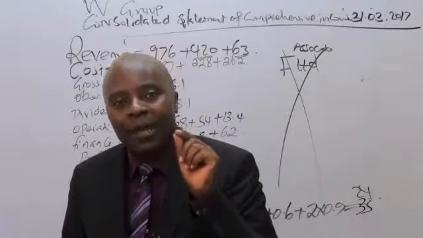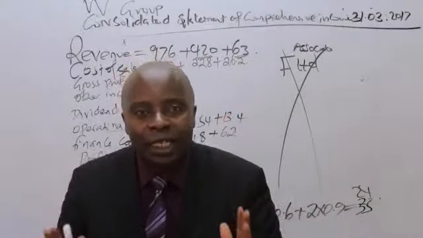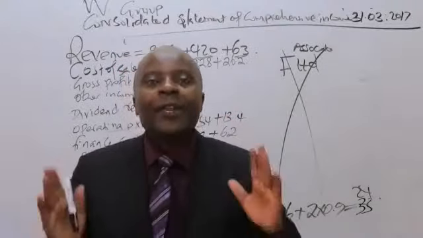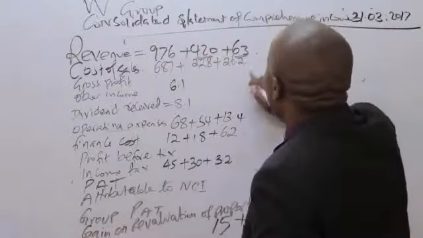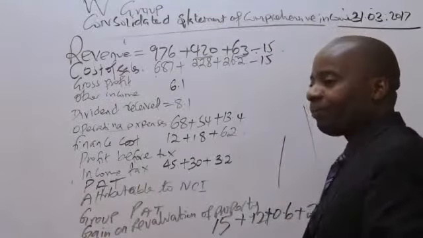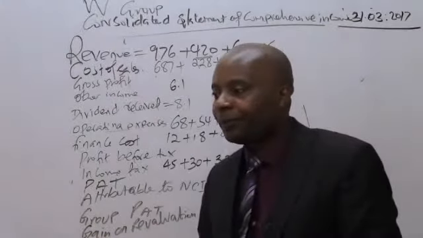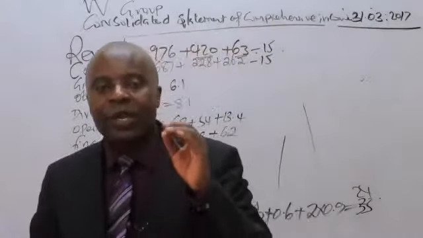Ladies and gentlemen, remember that intra-sales should always be deducted from the group sales and the group cost of sales. So come to the group sales here and you subtract 15, and the group cost of sales, subtract 15.